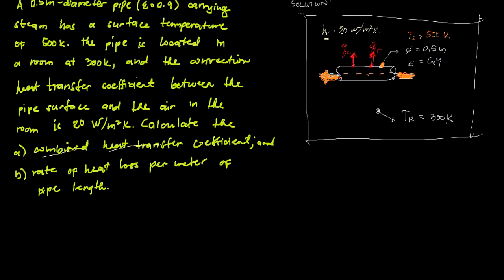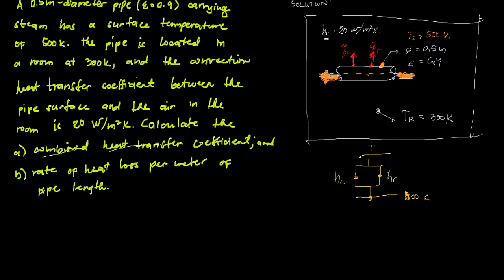So we can also illustrate this using the resistance, say from surface, which is 500K, then we have H convective and H radiation.